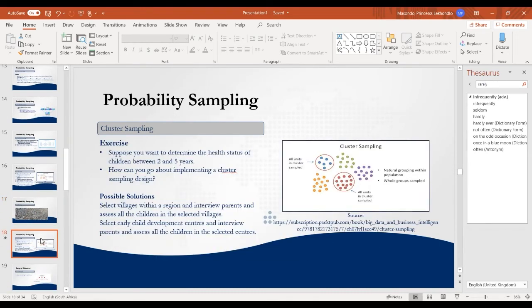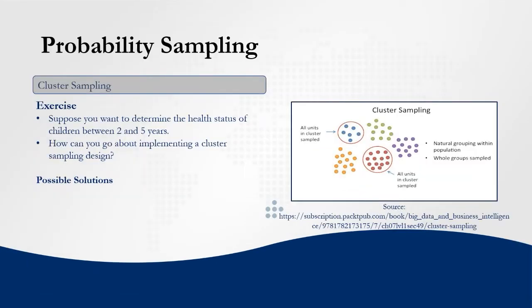So here is an exercise for you to think more about cluster sampling. Suppose you want to determine the health status of children between 2 and 5 years. How can you go about implementing a cluster sampling design?